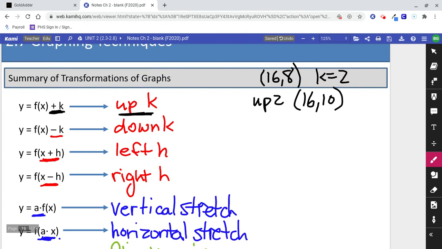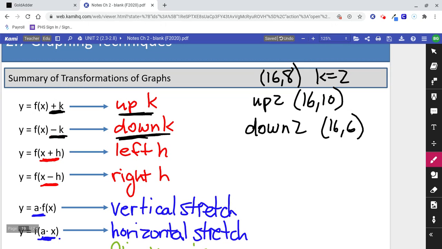Right? That's going to move that point up 2. All right? And the next one, if it's going down 2, by that I mean if you've got minus k, if we're going down that many units, just look at the coordinate and shift it down 2. You're affecting the y coordinate. That would be 16, 6 if it's going down 2. There are 2 questions in the homework that are just like this.